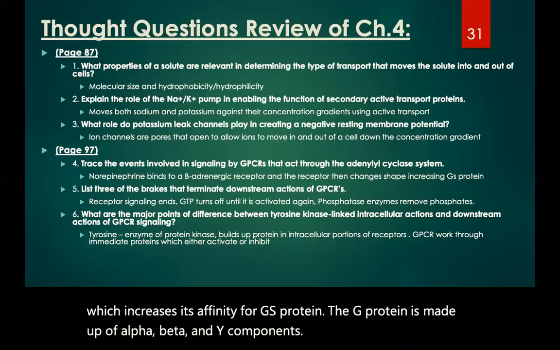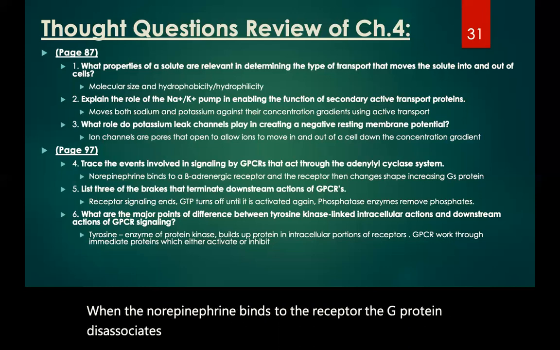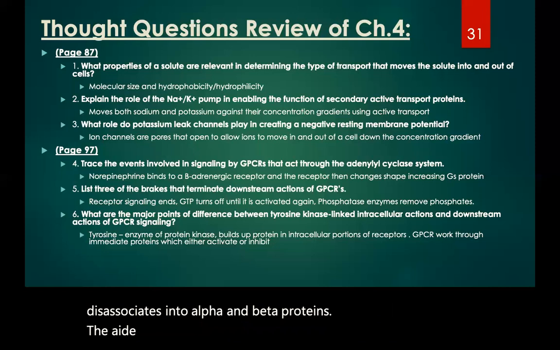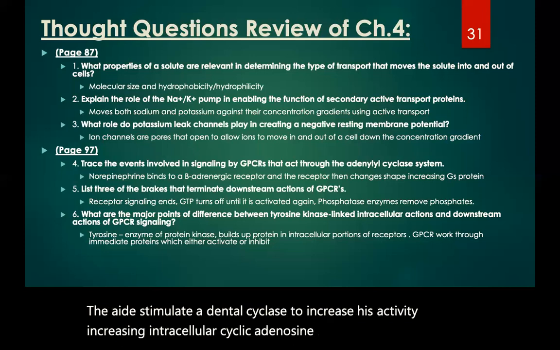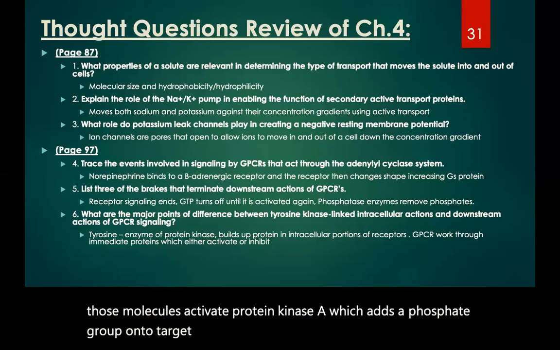When the norepinephrine binds to the receptor, the G protein dissociates into alpha and beta-gamma proteins. The alpha subunit stimulates adenyl cyclase to increase its activity, increasing intracellular cyclic adenosine monophosphate. Next, those molecules activate protein kinase A, which adds a phosphate group onto target proteins, further amplifying the signal, resulting in changes of the cell function.